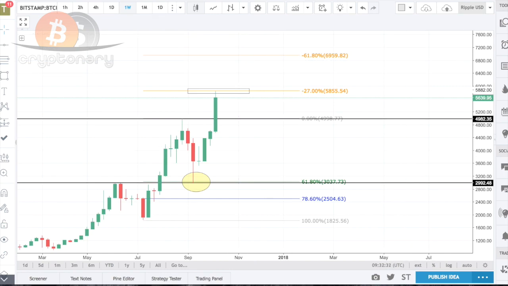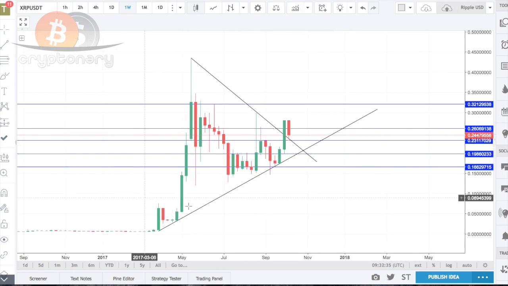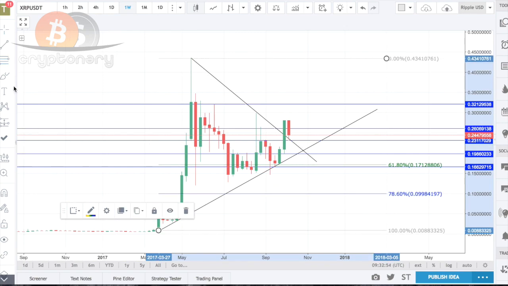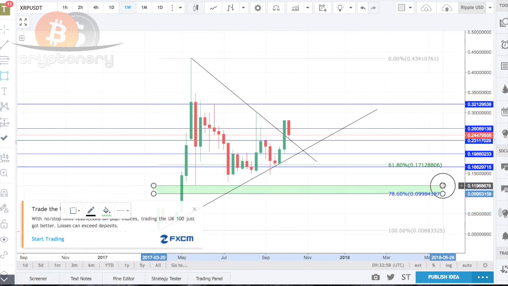So if we go to the XRP chart, again, one of my favorites, when we were anticipating a fall from the all-time high, we already knew the 78.6 or the 60 would be hit at some point. So what we've done is we draw the tool from the bottom to the absolute top, and one thing you'll notice straight away, this zone is almost essentially a backup zone in a worst case scenario.